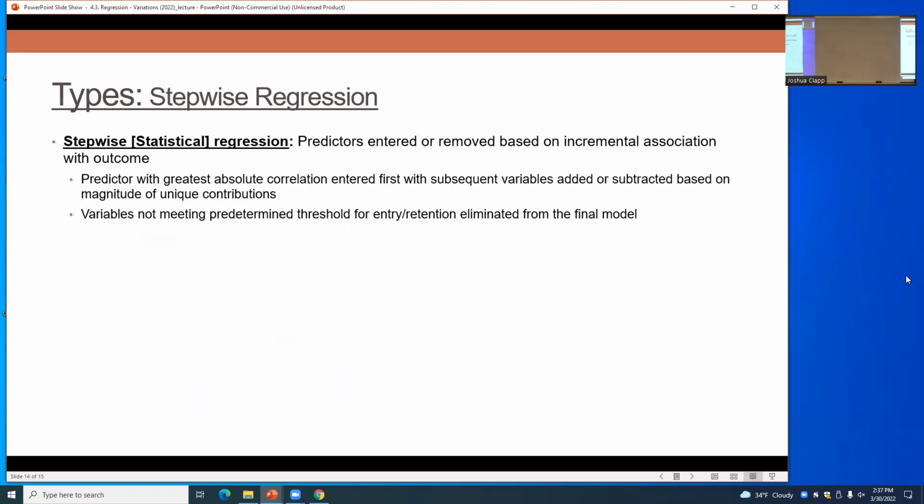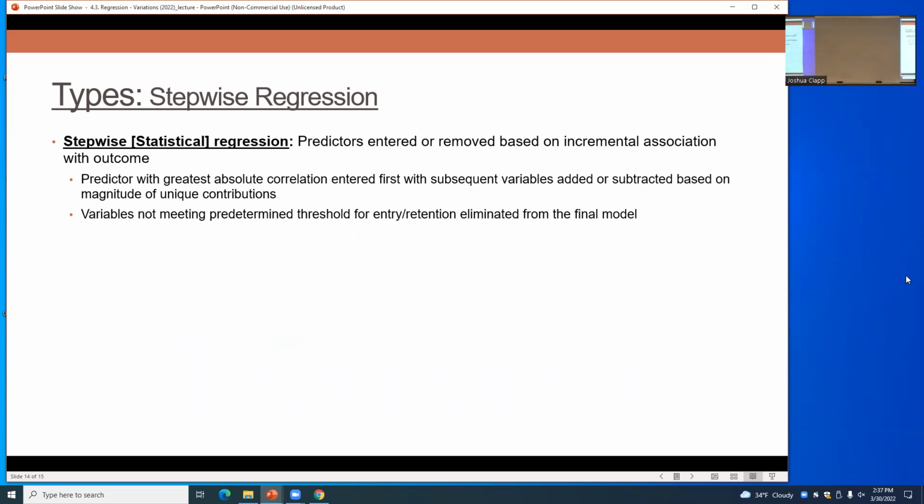This is going to get us to our final piece here, which is stepwise regression, or statistical regression. This is where people get confused and think that this is what's going on in your hierarchical regression. With a stepwise regression, you have predictors that are entered or removed based on some incremental association with your outcome.